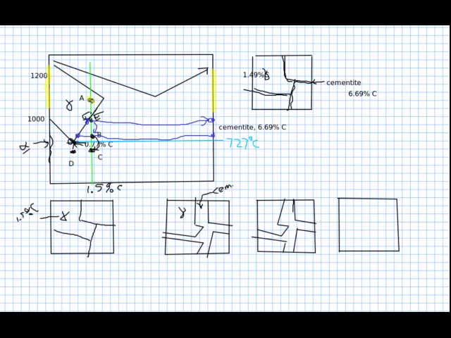So what it looks like is, of course this is a quick diagram. I'm drawing this stuff on the diagram with these lines just to indicate very fine layers of ferrite and cementite. And this stuff has a name. This stuff is called pearlite. Okay, so that's pearlite. This is cementite.